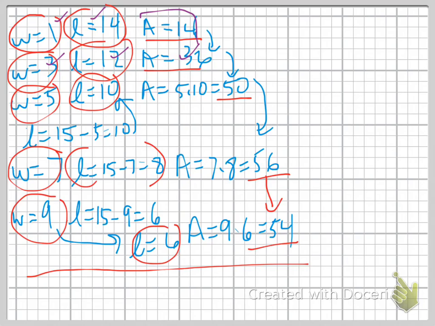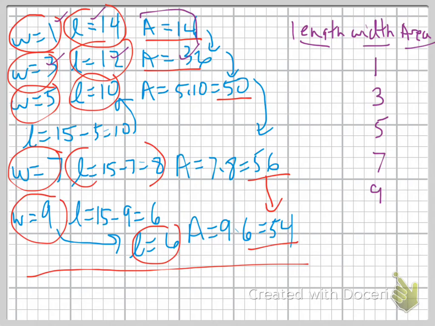So if I do my table, I've got my length, width, and area. And this time I was more prepared. I wrote them on the front of my page here. So the widths, 1, 3, 5, 7, 9.